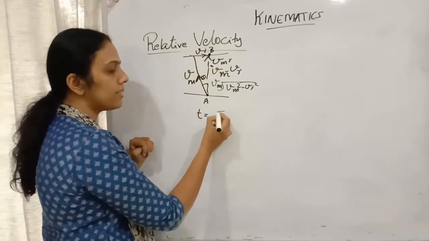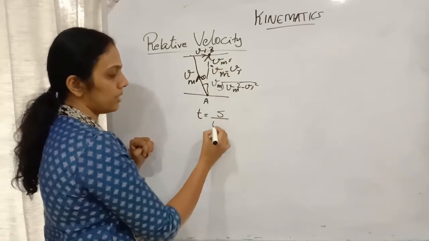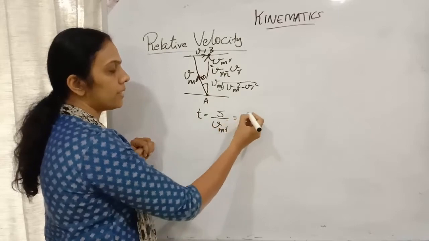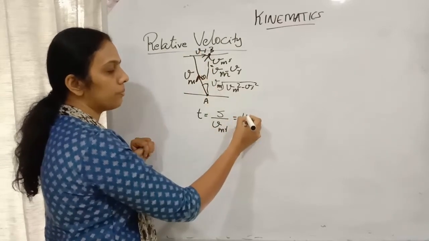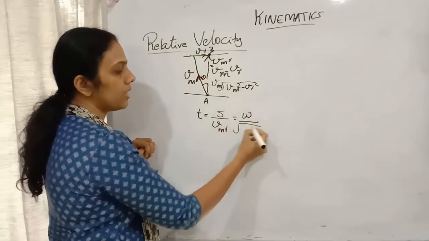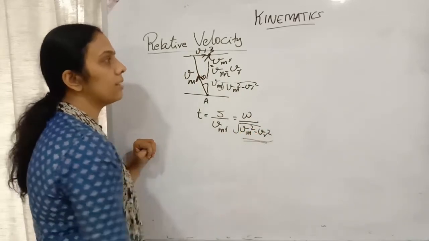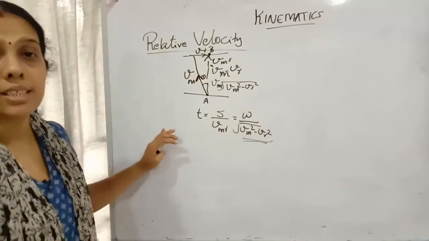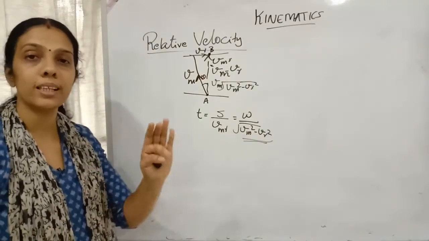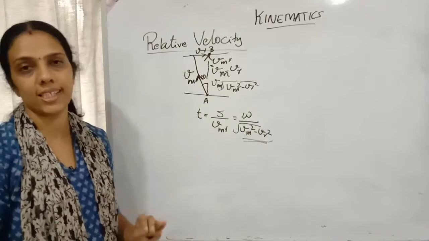Time will be distance traveled divided by velocity. Distance traveled is the width of the river, divided by velocity, which is root of Vm square minus Vr square. This is how we find the time required to cross the river in the shortest distance.